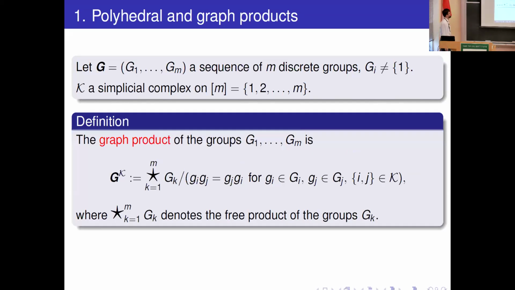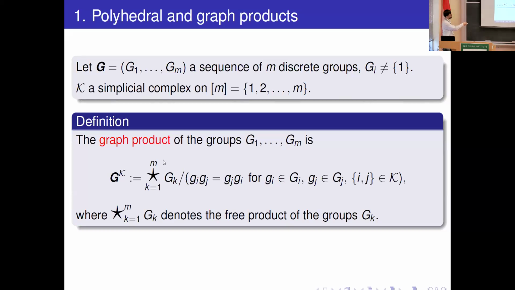Then we have the graph product of the groups G_1, ..., G_m, where the big star denotes the free product of the groups.